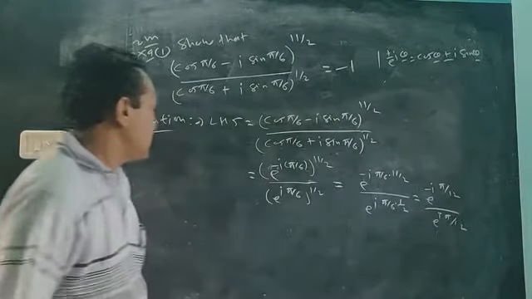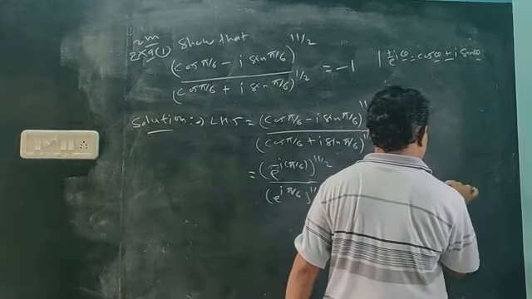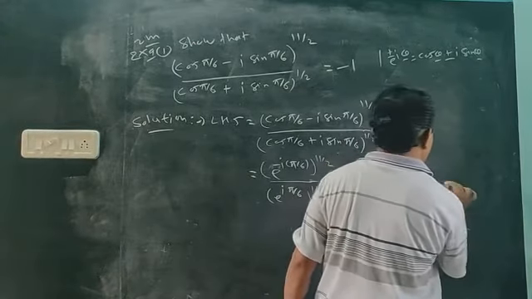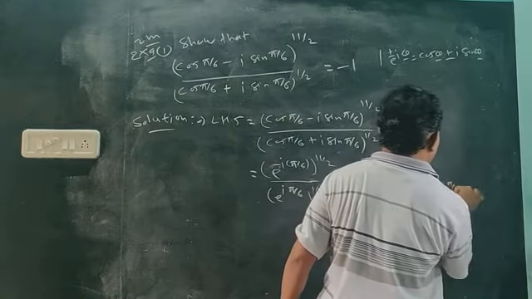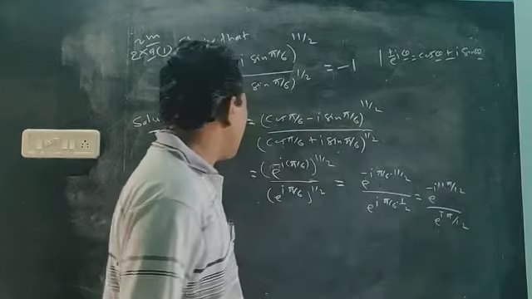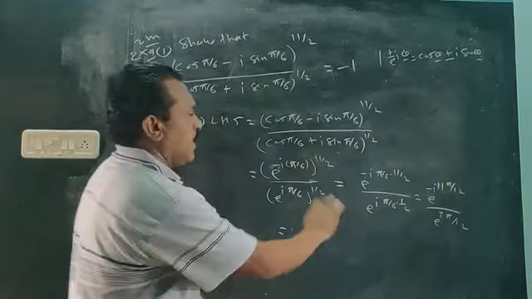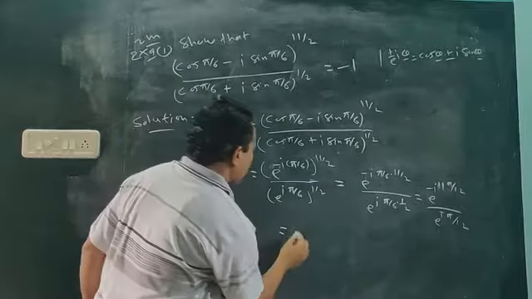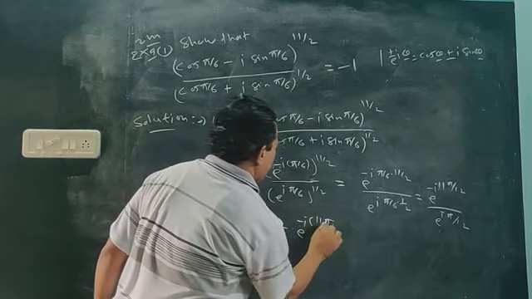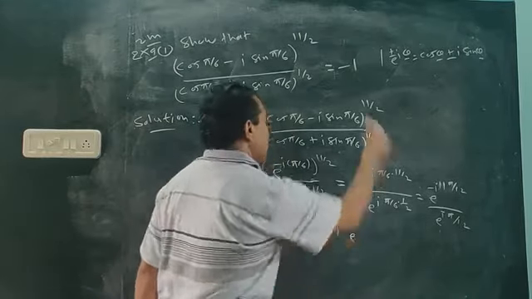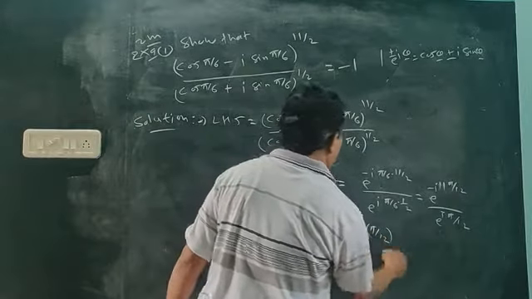Now the denominator comes to the numerator with the sign changed: e raised to power minus I 11 pi by 12 minus I pi by 12.